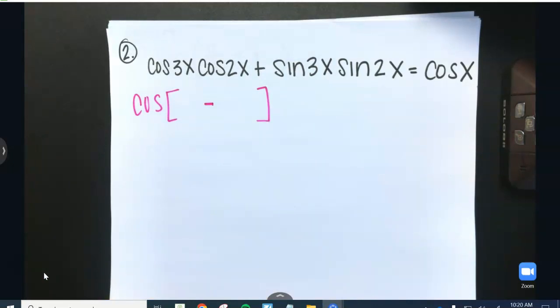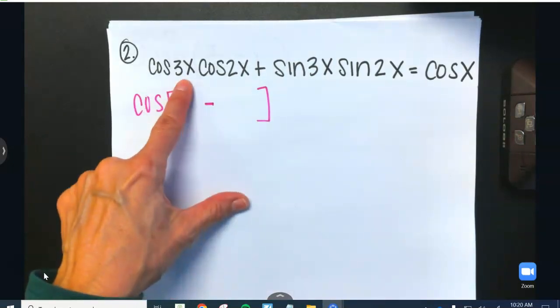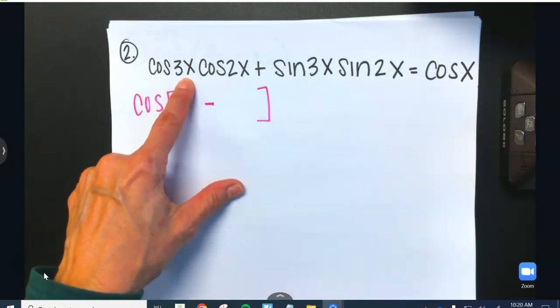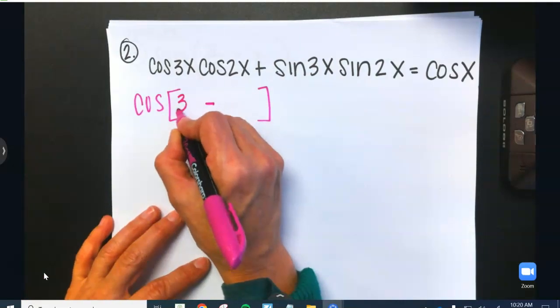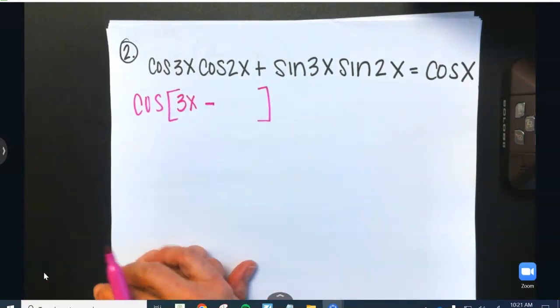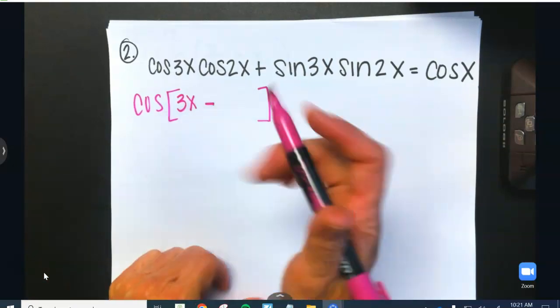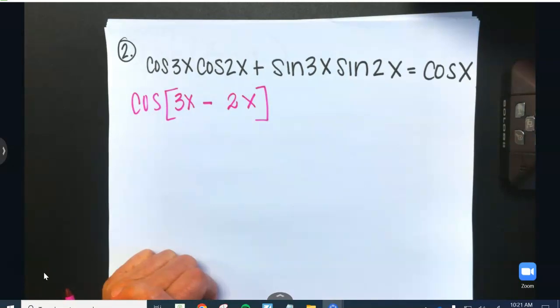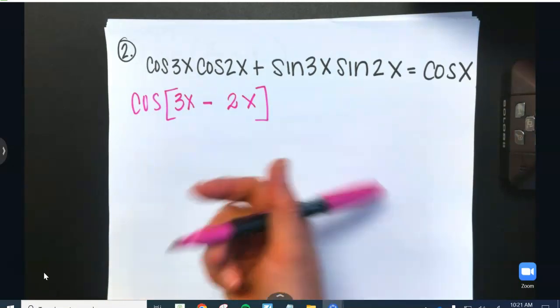What's alpha? I don't know. What's the first thing that you see after cosine? 3x. That's alpha. What's beta? The other one that doesn't match 3x. What's the other one? 2x. Can you combine those? Those are like terms.